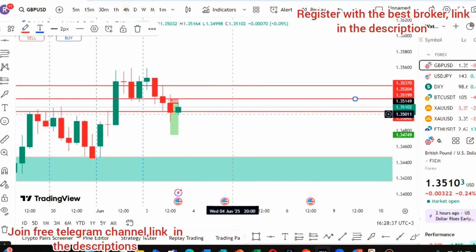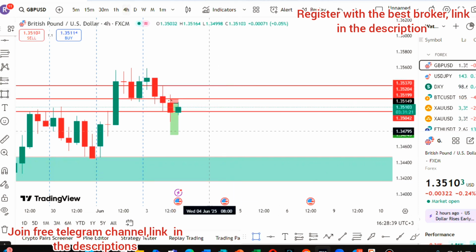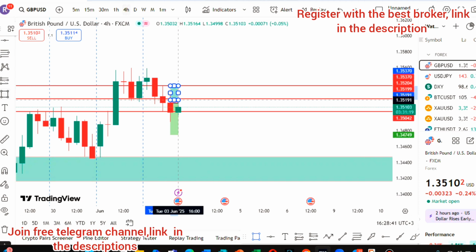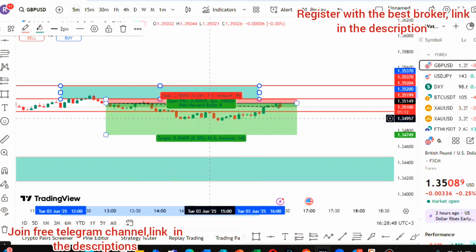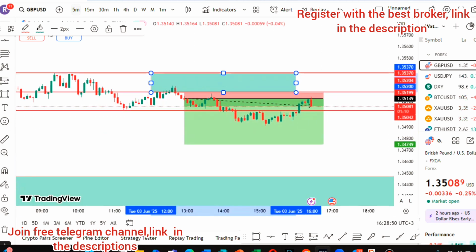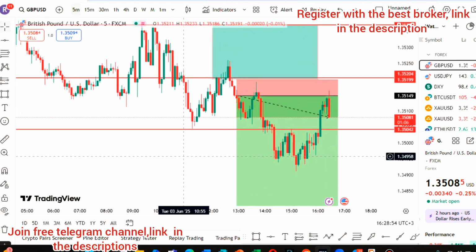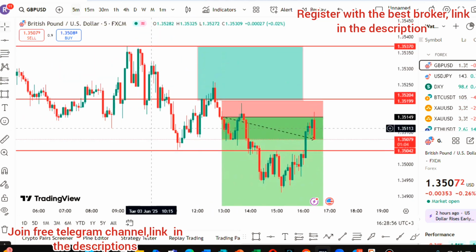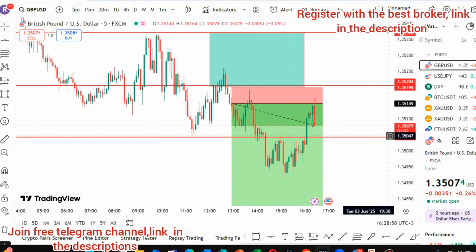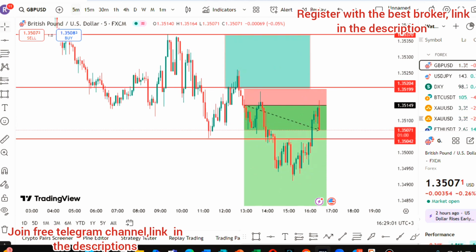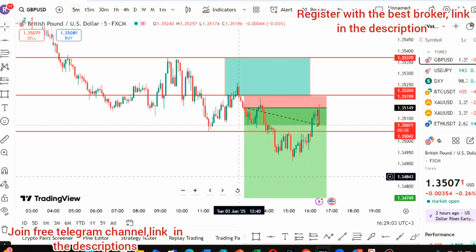Then I mark this zone. So I was waiting for the market to pull back to this zone and give us some sort of break of structure. So this was the analysis, guys.